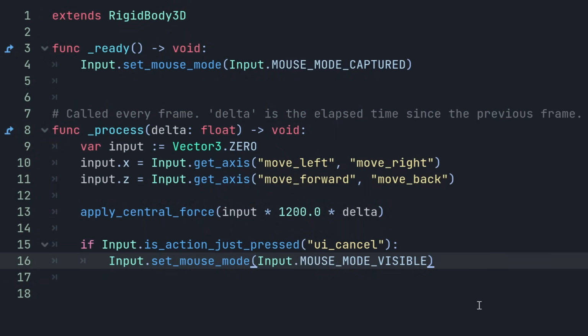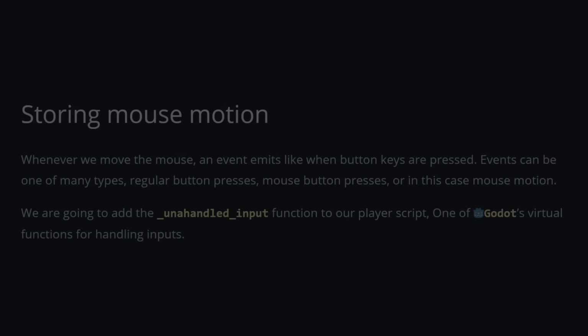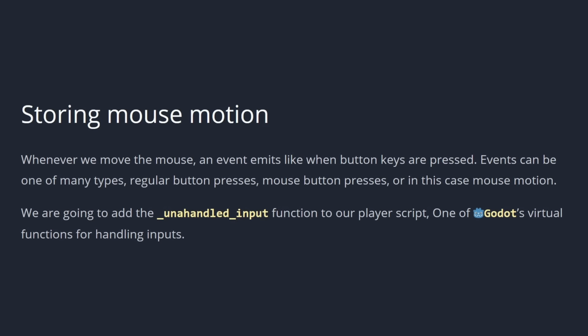Now our mouse is hidden, we can move on to getting information about the direction our mouse is moving. Whenever we move the mouse, an event emits like when button keys are pressed. Events can be one of many types: regular button presses, mouse button presses, or in this case, mouse motion.